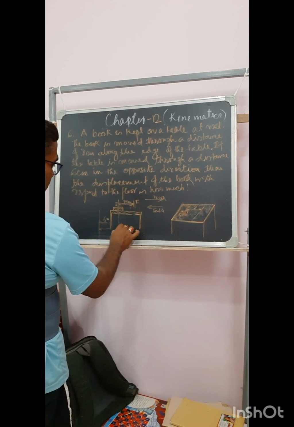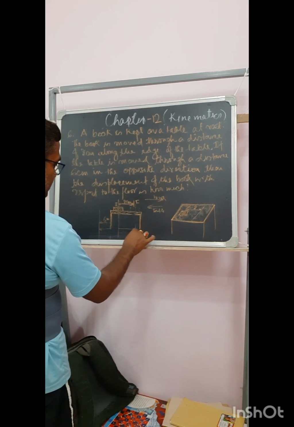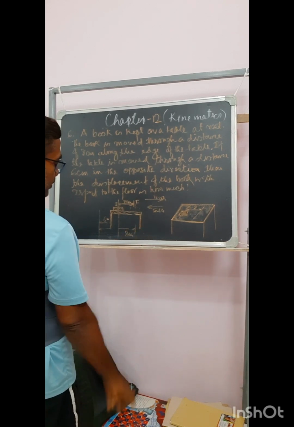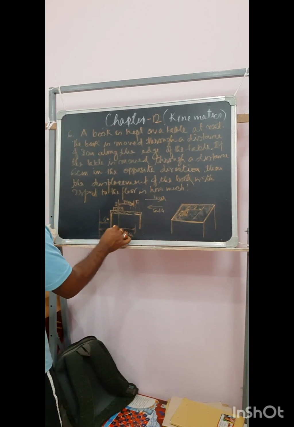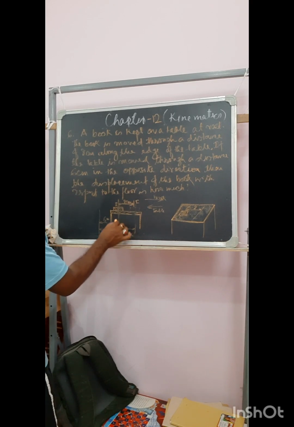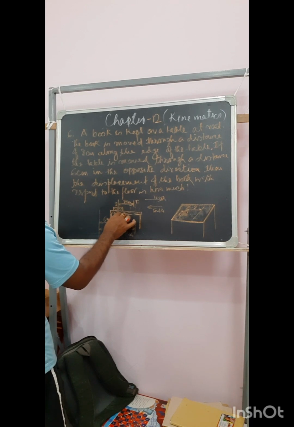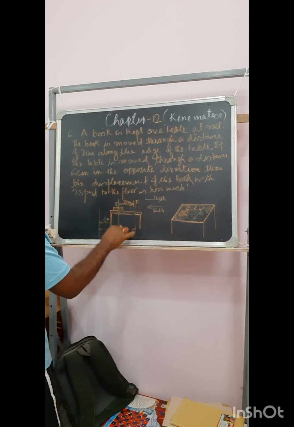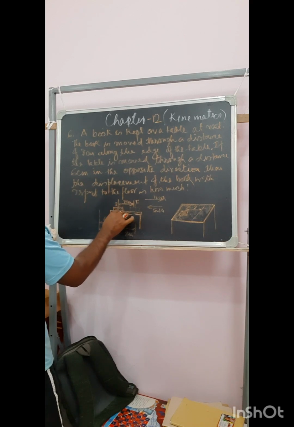So from there, with respect to this, it has moved 8 centimeter. Now from this, the table: this is also a point on the table, any point on the initial position of the table lies on that.